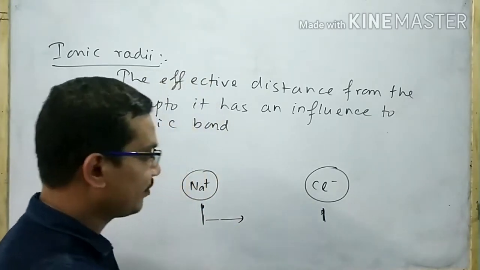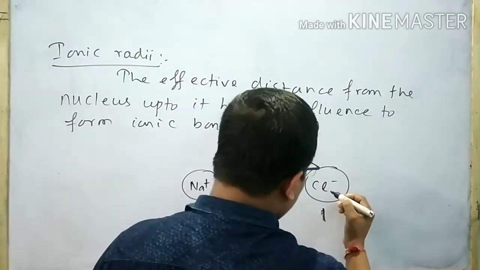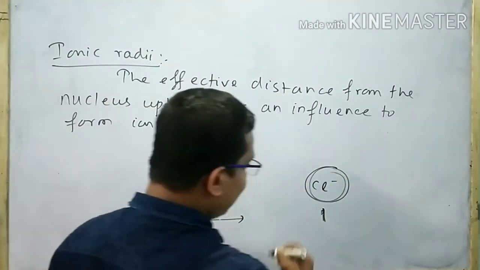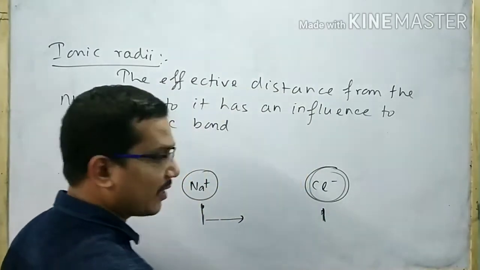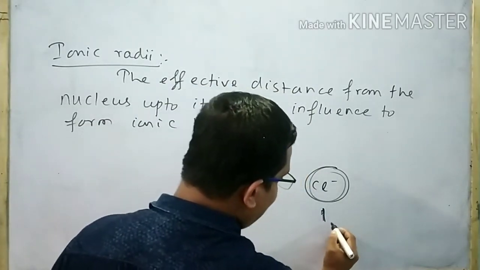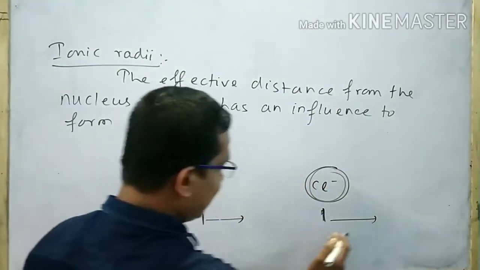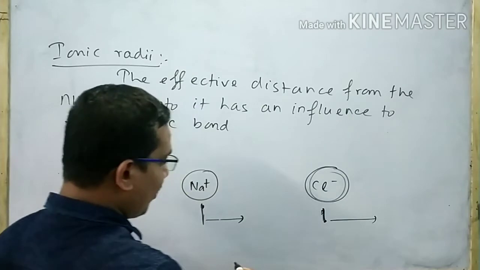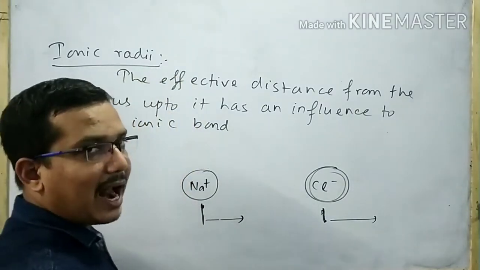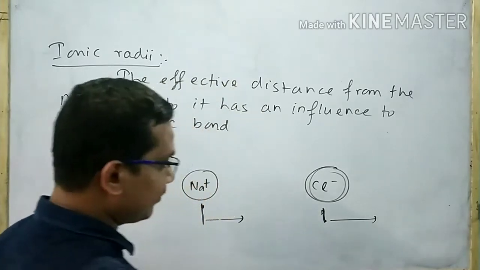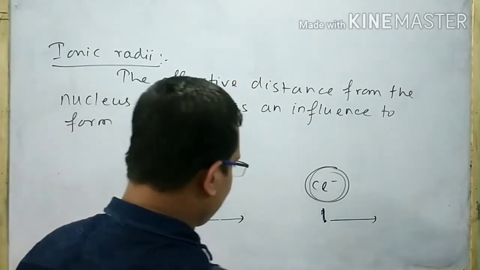Suppose I want to take the Cl minus ion away from the Na plus ion. That means I want to move the Cl minus ion towards the right of this point. Then what will happen? There is a decrease in the attraction of the Cl minus ion. As a result, they are unable to form the ionic bond.